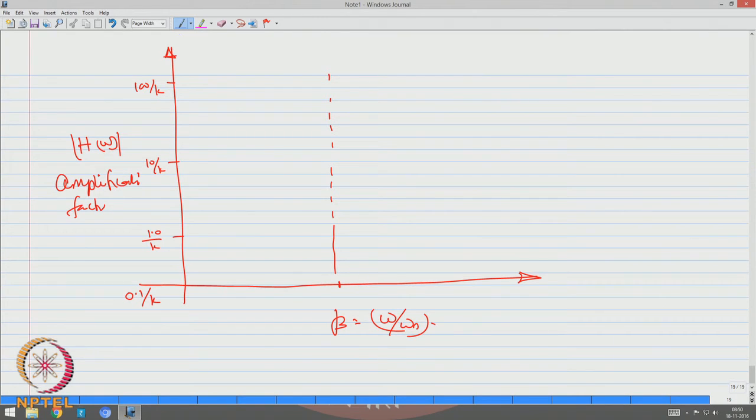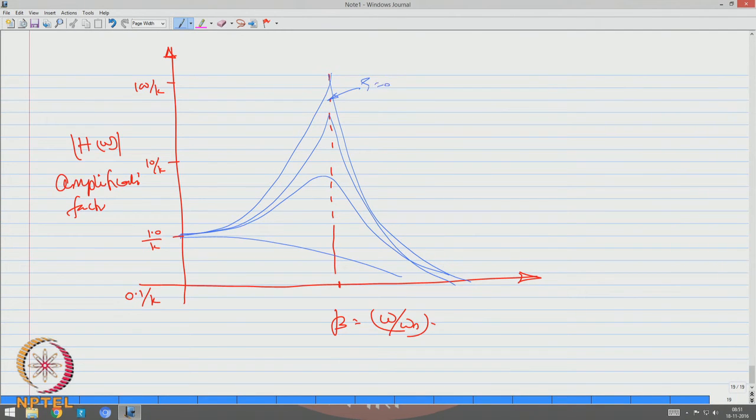All typical plots for different zeta start from here, go to this peak and come down, practically to 0. For example, this could be for zeta of 0.01 and this could be for zeta of 1.0.